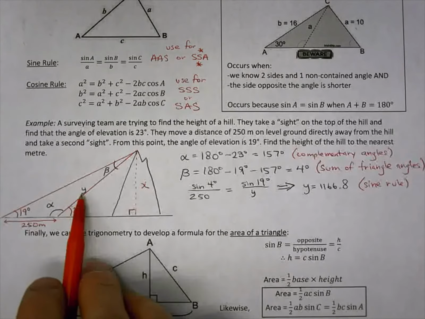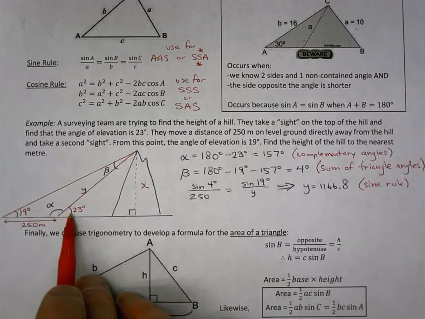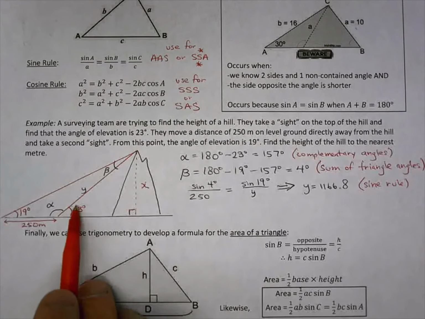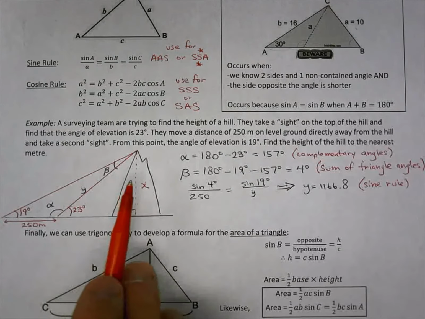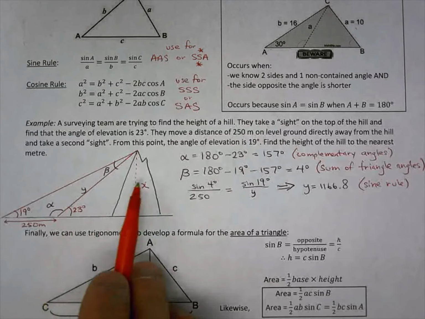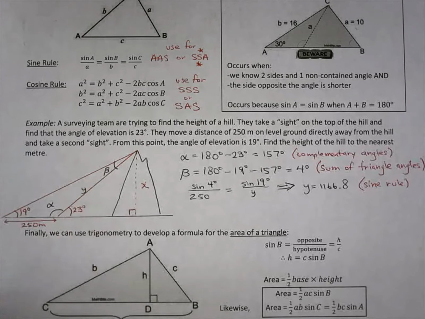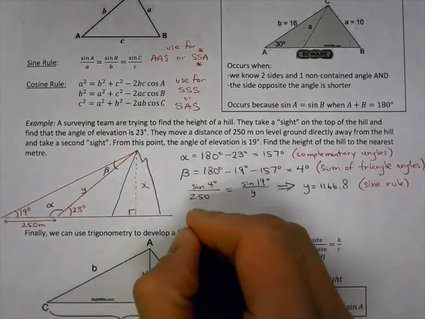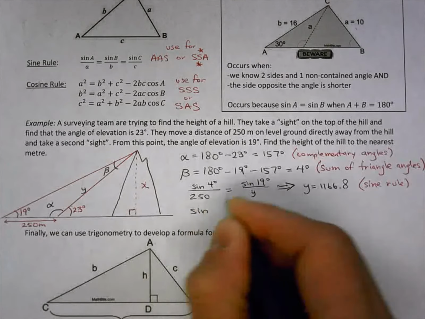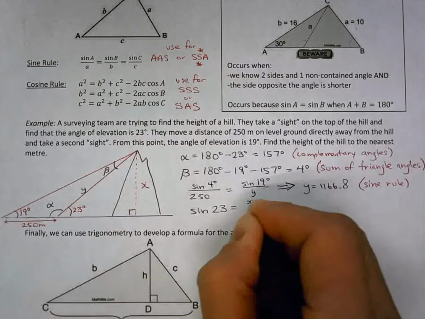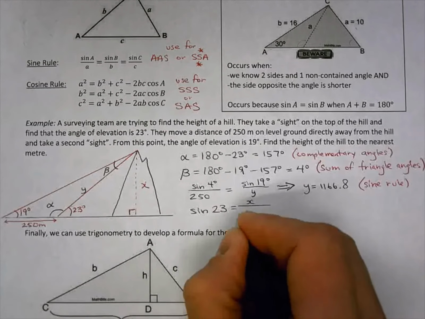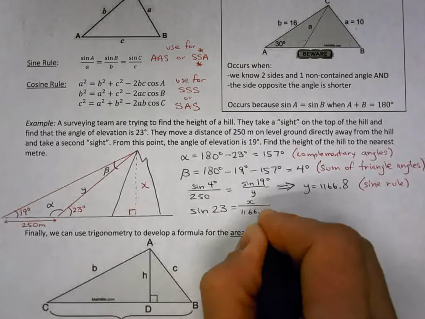So now that I know what y is, and I have this right angle triangle, this angle, with respect to this angle, this is the hypotenuse, this is the opposite. So which ratio involves opposite and hypotenuse? That would be sine. So now I would write sine 23 degrees is equal to my opposite, which is x, over my hypotenuse, which is 1166.8.